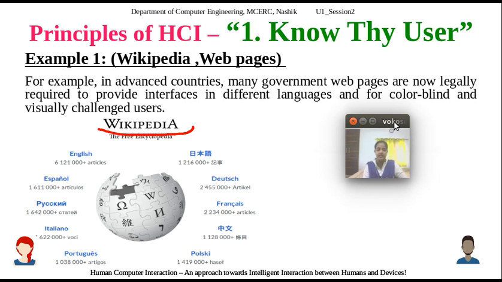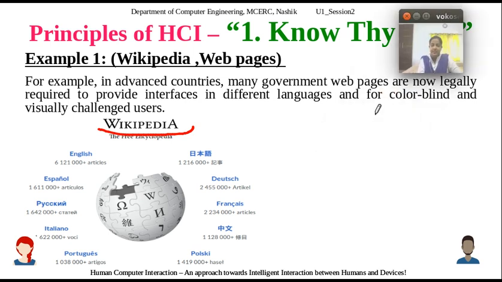So for that case, Wikipedia has given you the panel on the left-hand side to translate one particular page from one language to another language. This feature comes under universal usability. You can translate the page from any source language to any target language depending upon your necessity.